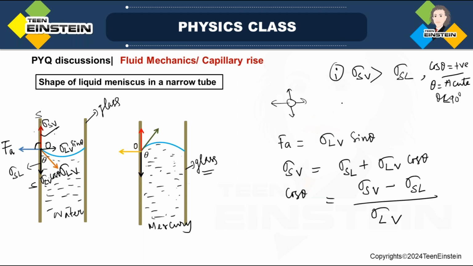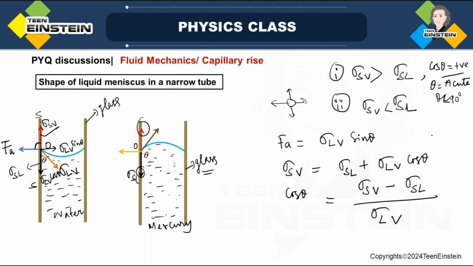Now let us take the second case, when sigma SV is less than sigma SL. If sigma SL is greater than sigma SV, then the liquid molecule will be pulled down.